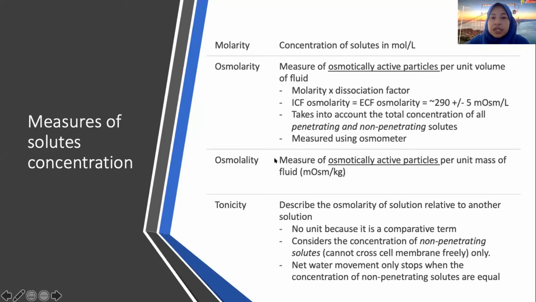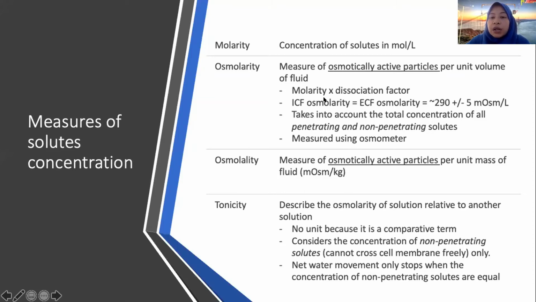It's similar to osmolarity. It's just that the ratio is over the unit mass of the fluid. So it's usually in milliosmol per kg. And in the body, because the main fluid is actually water, in which 1 kg of water is usually equal to 1 liter of water, there's not much difference.